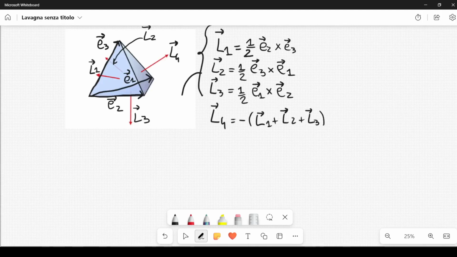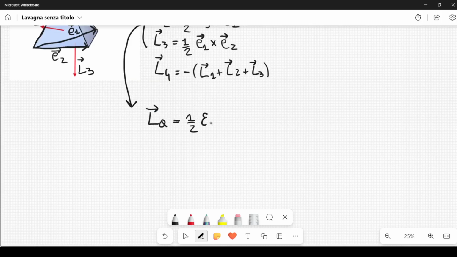Now it is possible to rewrite these three equations more compactly in the following fashion. So we have the vector L_A in general, and this is equal to 1/2 times the Levi-Civita symbol epsilon^{ABC} E_B cross E_C, and the indices A, B, and C can take the values 1, 2, and 3.